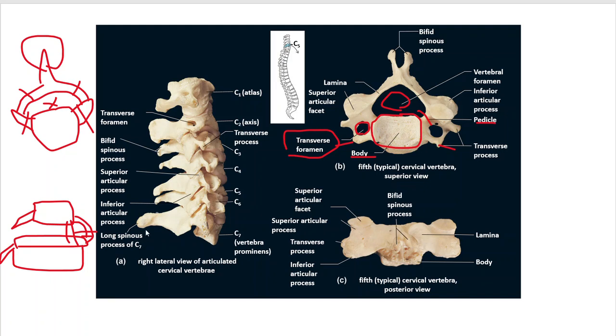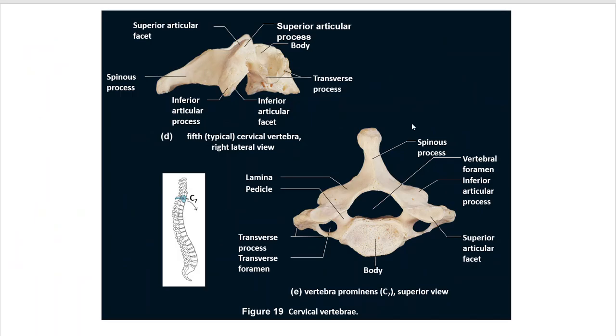Notice these spinous processes change on these guys as you go down. The vertebrae change. They're obviously lighter on the top and heavier on the bottom. Okay. Spinous process, lamina, pedicle, transverse foramen, transverse process, body, vertebral foramen, superior articular facet.